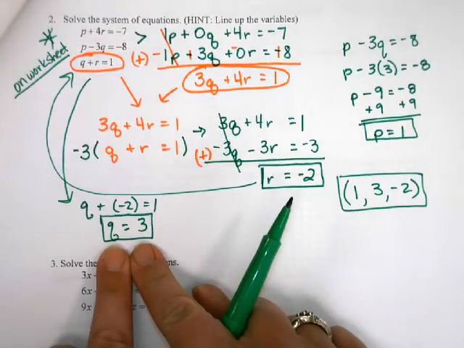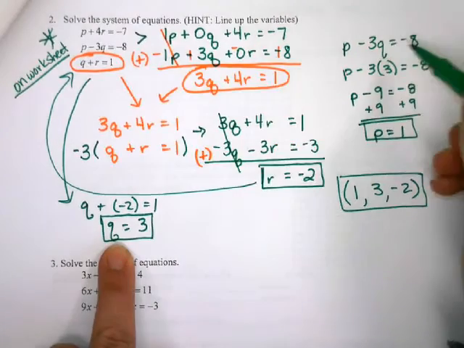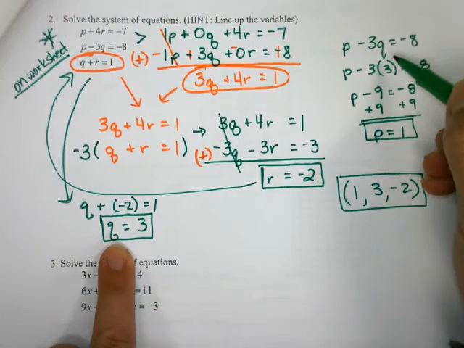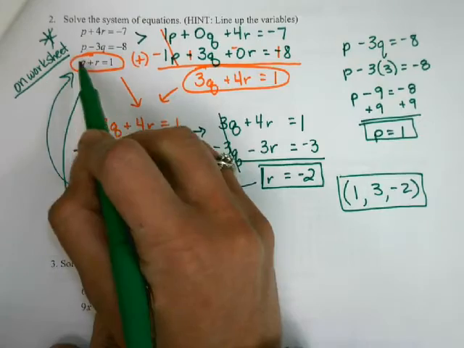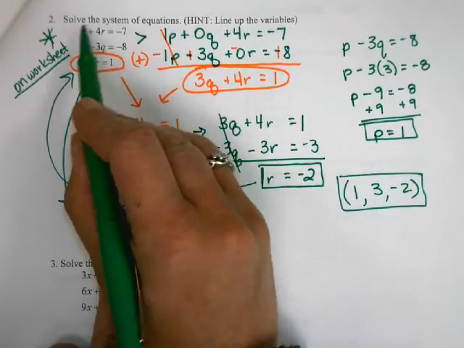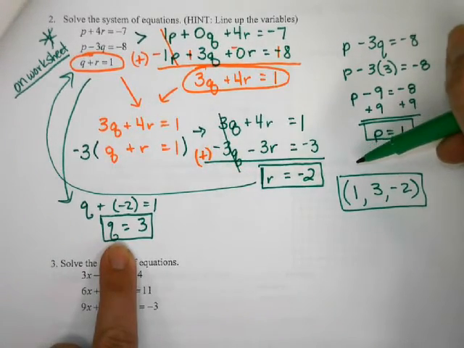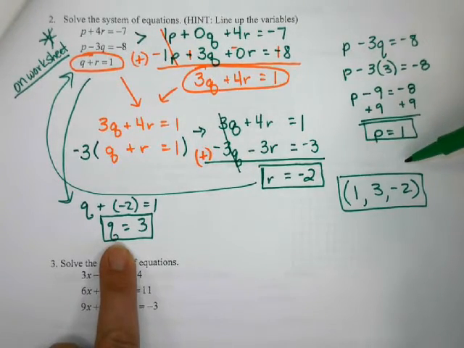So I got Q is 3. And then pick one of your top two equations. I did the middle one to find P by plugging in Q. You could have also found P by doing the top equation and putting R in. So we found P is 1. So I got 1, 3, negative 2.